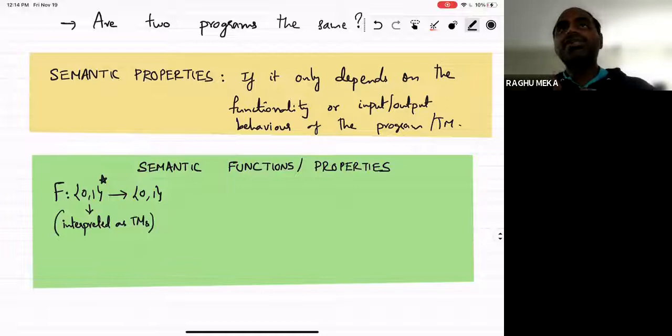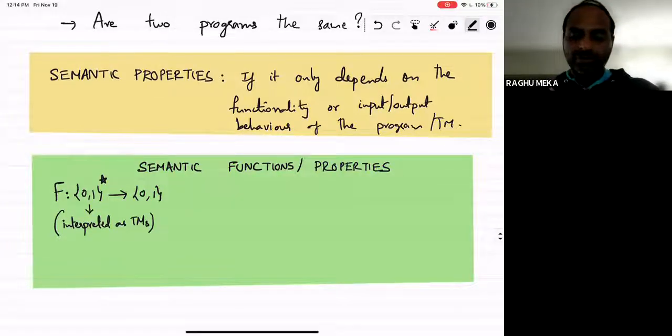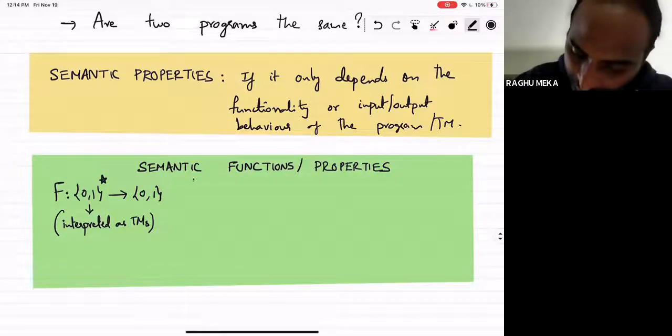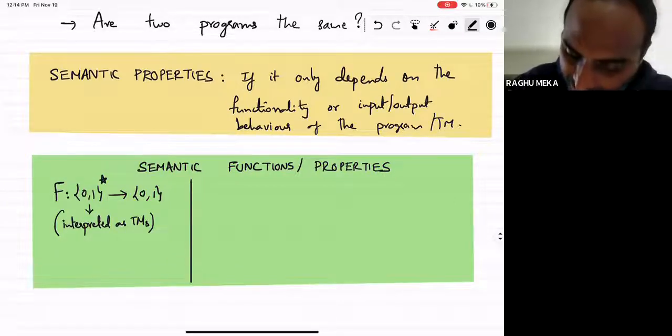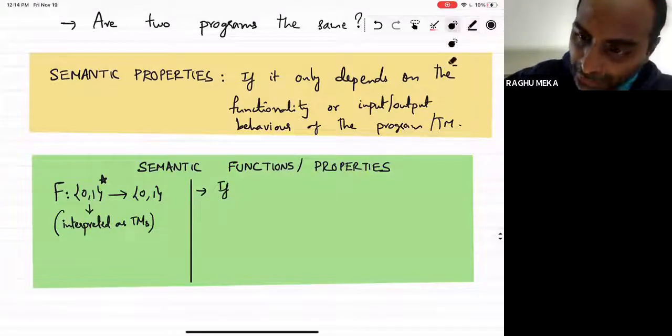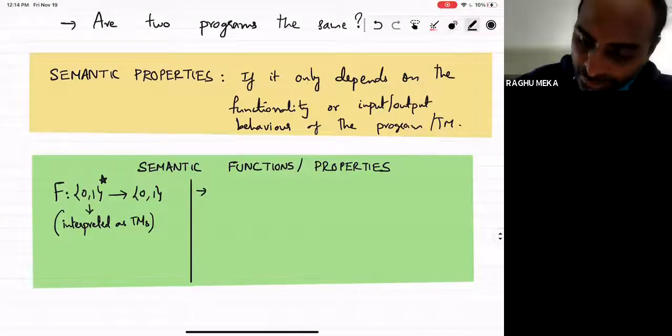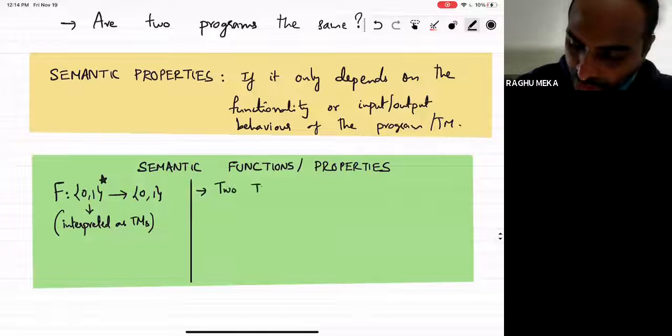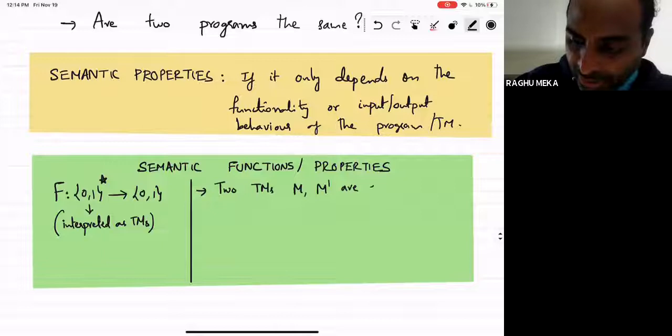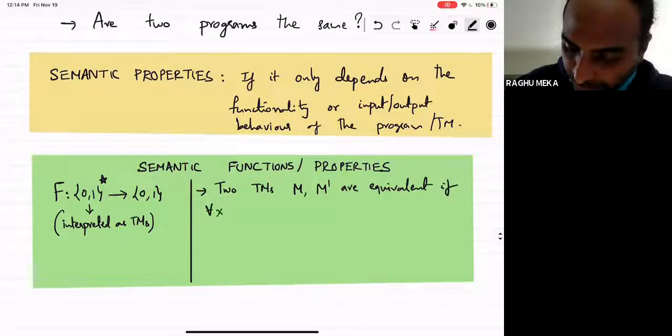Okay, so it's a function defined on top of Turing machines. And to make this precise, we first need to say that if I have two machines, two Turing machines, M, M prime are equivalent if for all x, M of x equals M prime of x.